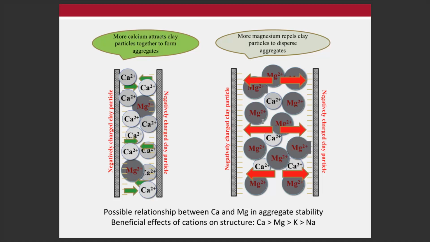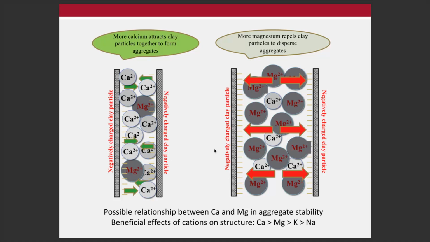And comparing and contrasting, again, this is more theoretical, but the idea is that calcium will help essentially form clay minerals together, so it will help attract, and this is what we call flocculate. So it's actually causing them to stick together and aggregate, versus the magnesium, which is causing them to disperse and reduce that aggregate structure.